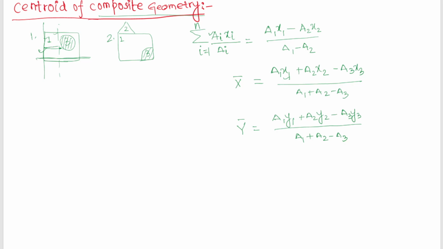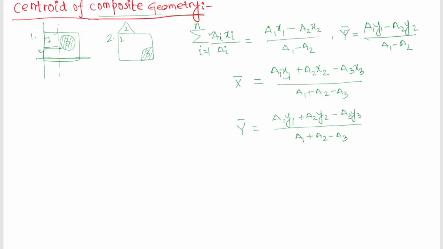So you can see what I have done here. Areas are being subtracted in the first formula. Let us write the value of y bar also: y bar is A1 y1 minus A2 y2 divided by A1 minus A2. So if the areas are being subtracted, you need to use subtraction in the formula, and if they are being added, use addition.